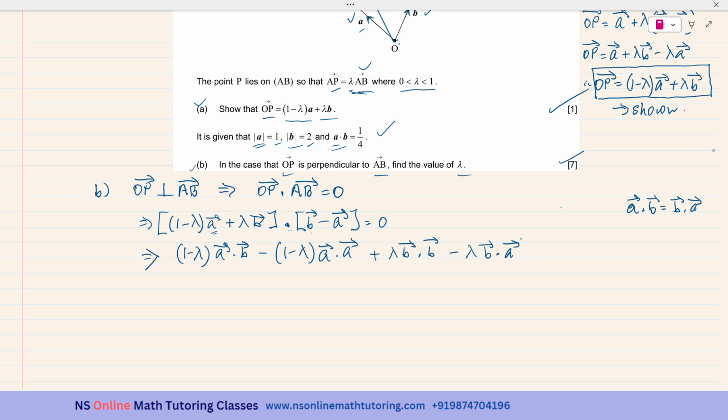Okay, and also we know that A dot A will be what? A dot A will be equal to the magnitude of this A vector times the magnitude of this A vector times cos of the angle between these two vectors. These two are the same vectors, so the angle between them will be equal to 0. Cos of the angle between the two vectors, that is the dot product.